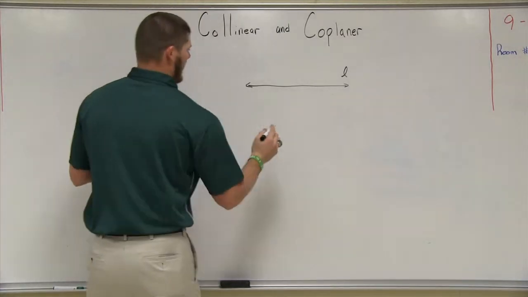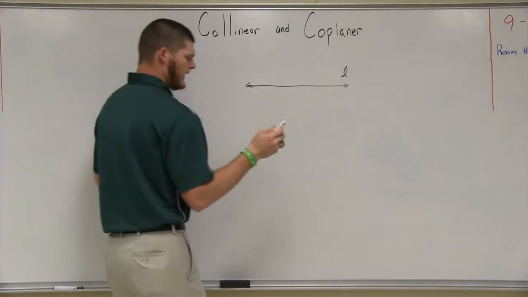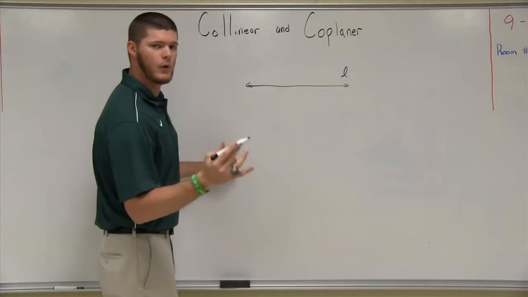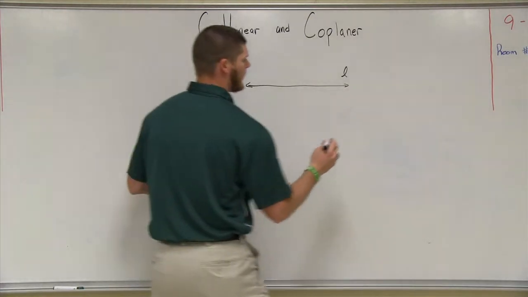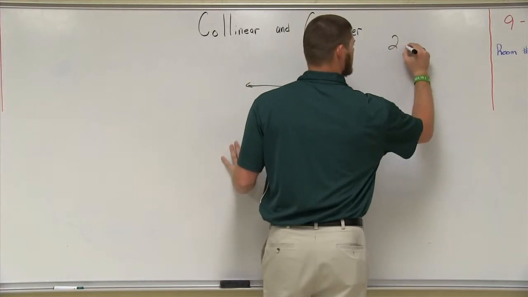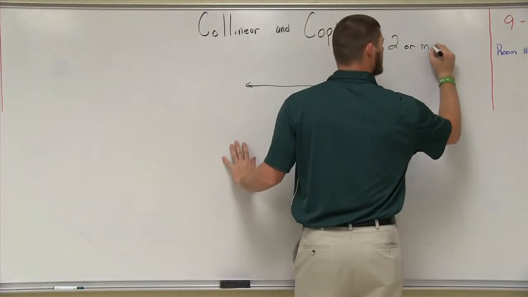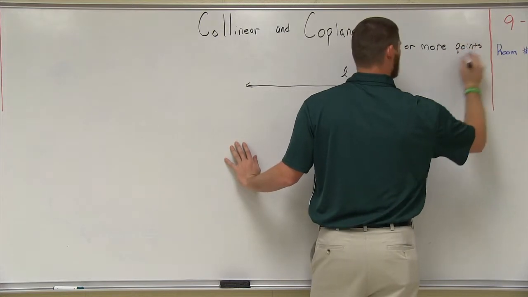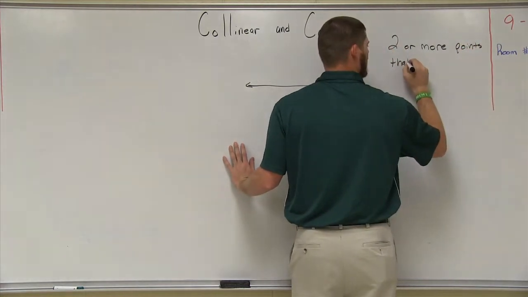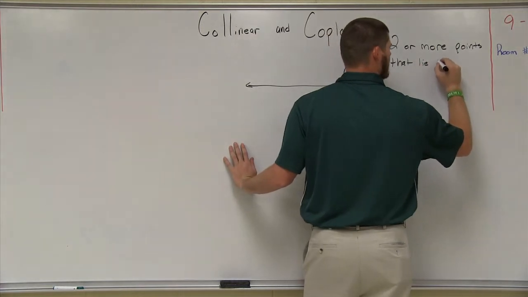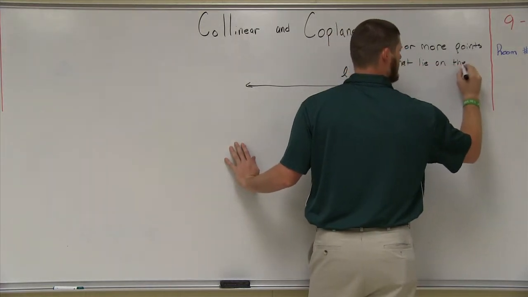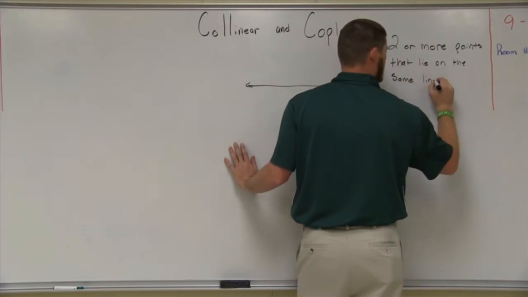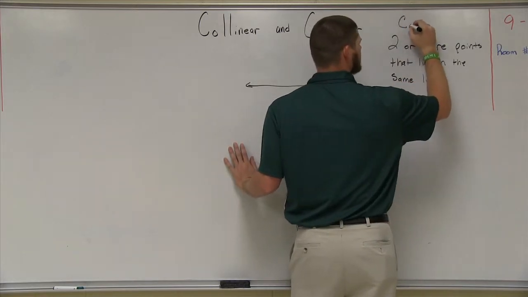If we have line L, we have what is called collinear points. A collinear point is 2 or more points that lie on the same line.